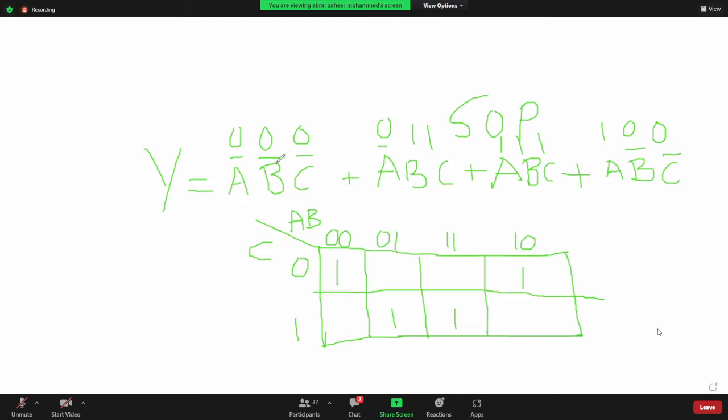So for this 0, 0, 0, here we are writing 1. For 0, 1, 1, here we are writing 1. So depending upon the product terms, we have to write down the ones. Understood or not? Yes, sir.